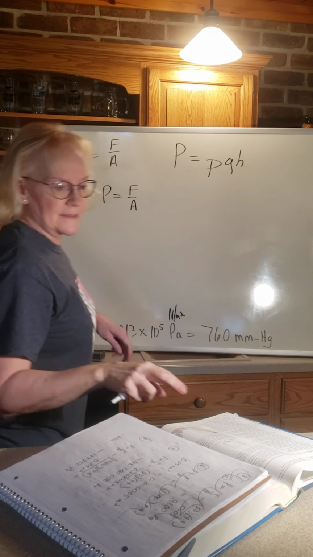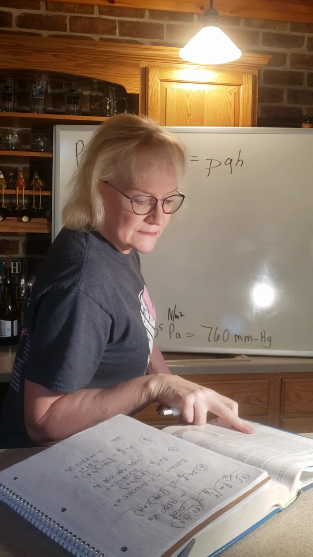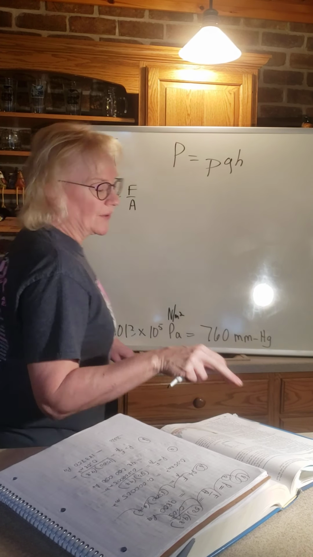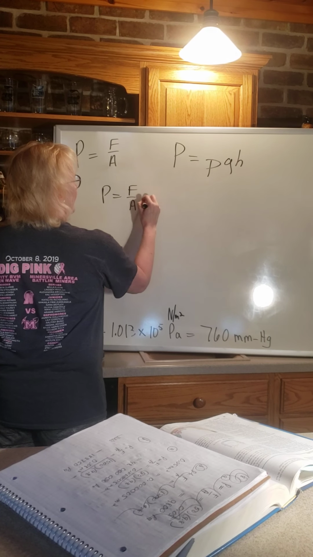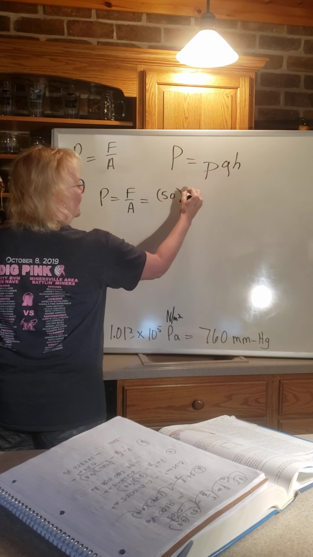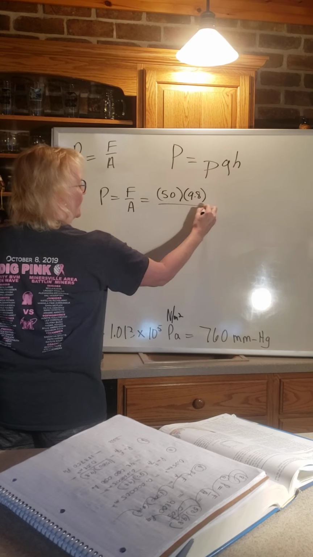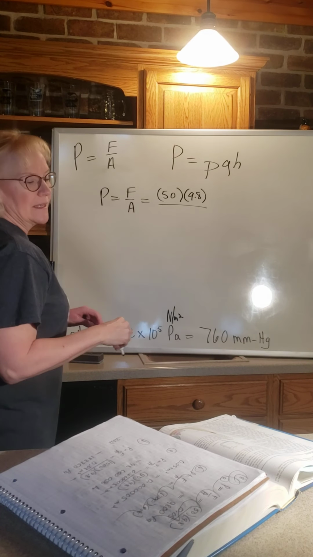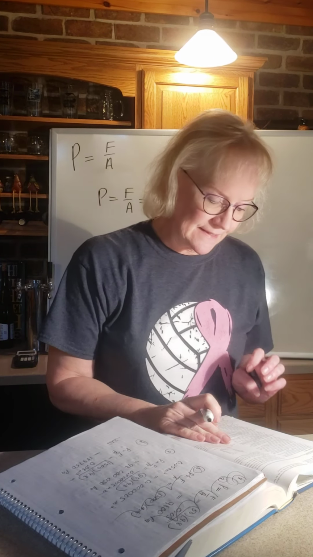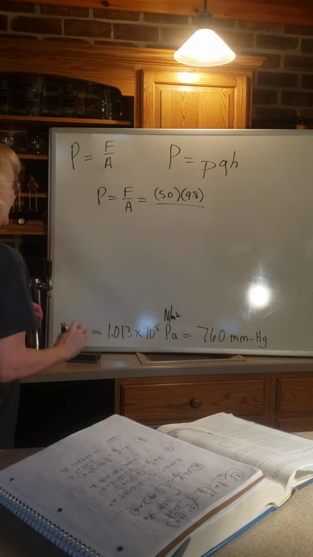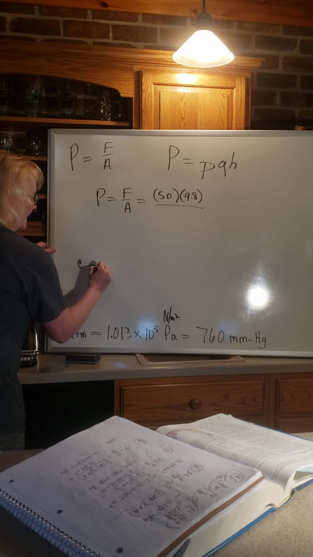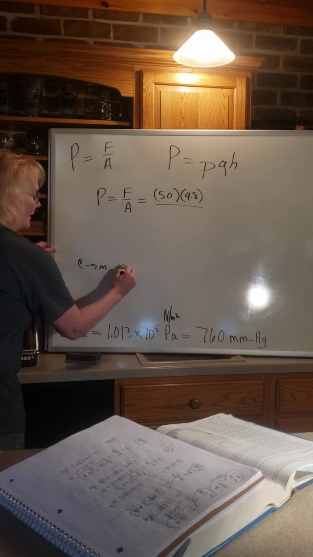She has a mass of 50 kilograms. Now we've got to multiply that by 9.8 because we need force. Now, her spiked heel is 0.05 square centimeters. Now, when you convert centimeters to meters, you move the decimal 2 places.